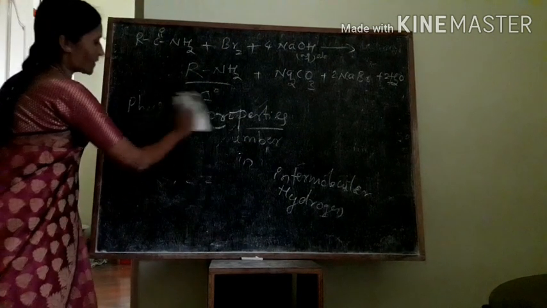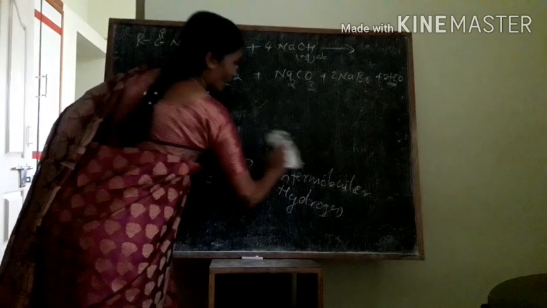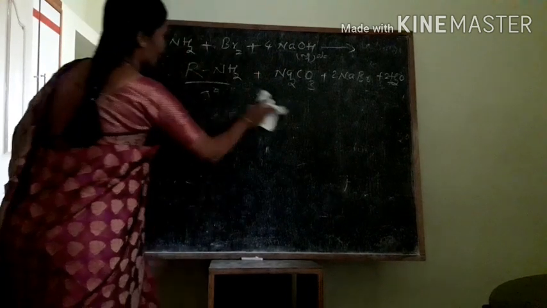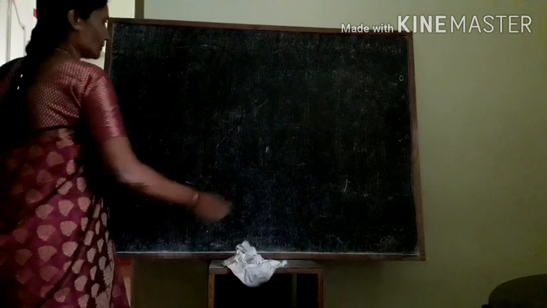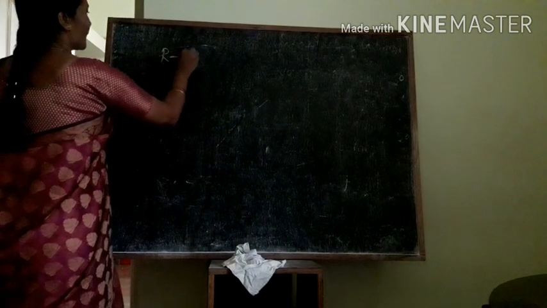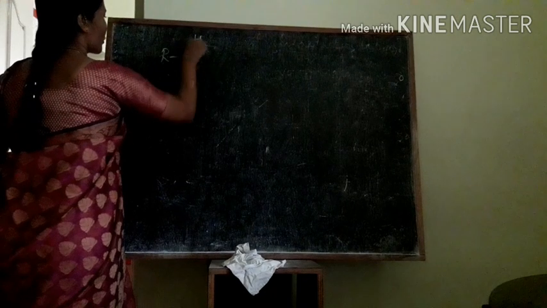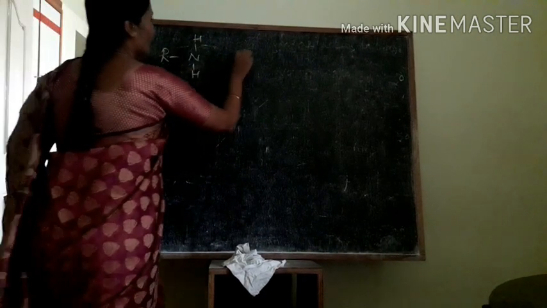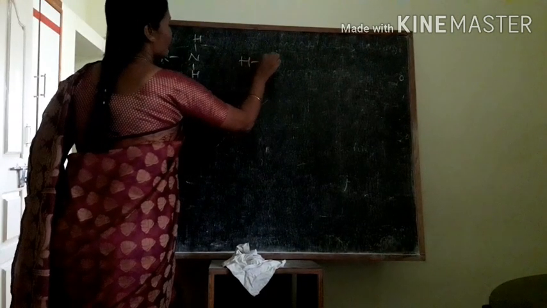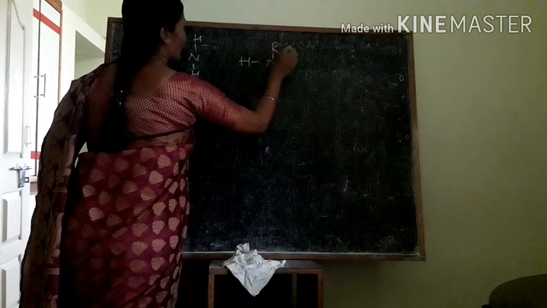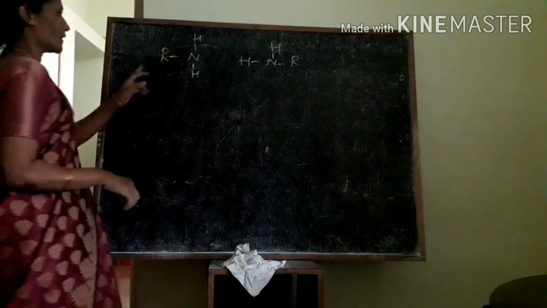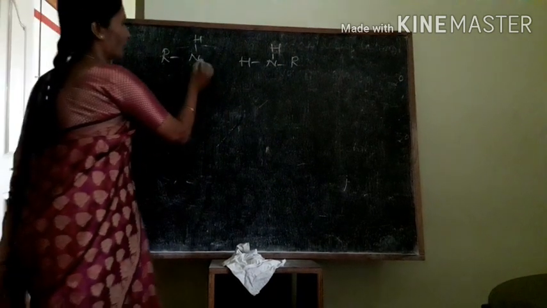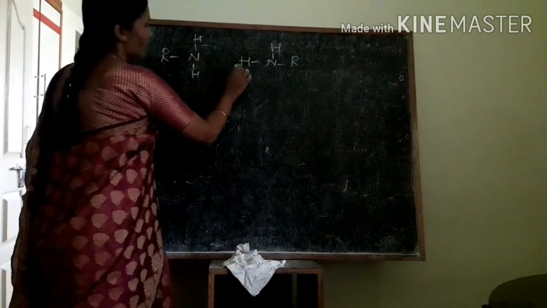Let me represent how a primary amine undergoes intermolecular hydrogen bonding. I will represent a primary amine, that is RNH2, with H and H. And another molecule is also a primary amine. There is a nitrogen and there is a hydrogen.